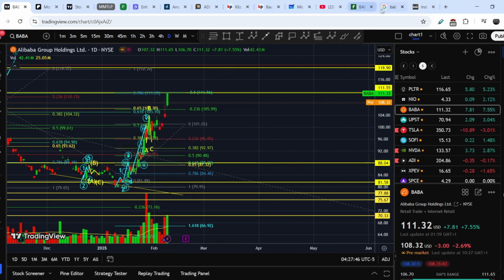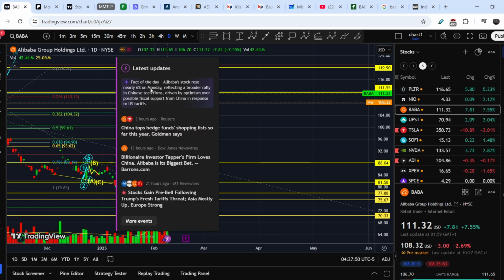So, and let's take a look again at some news. Let me show you right here the most recent update. Fact of the day: Alibaba stock rose nearly 6% on Monday, reflecting a broader rally in Chinese tech firms, driven by optimism over possible fiscal support from China in response to US tariffs.